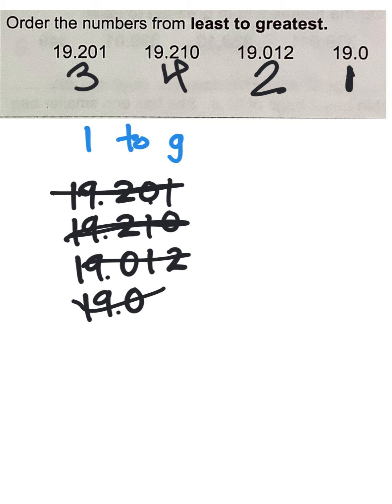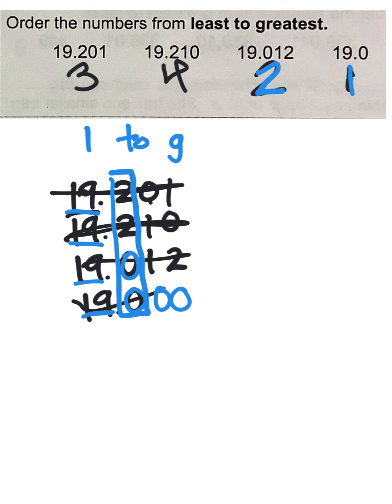Don't forget to take a look at those numbers lined up. Heidi was able to see that our whole numbers were all the same, so she was able to then go to the tenths. When she was in the tenths, she saw these zeros and noticed that there was nothing after 19. So she decided to go with that first. The second one, she saw 19 and 12 thousandths.